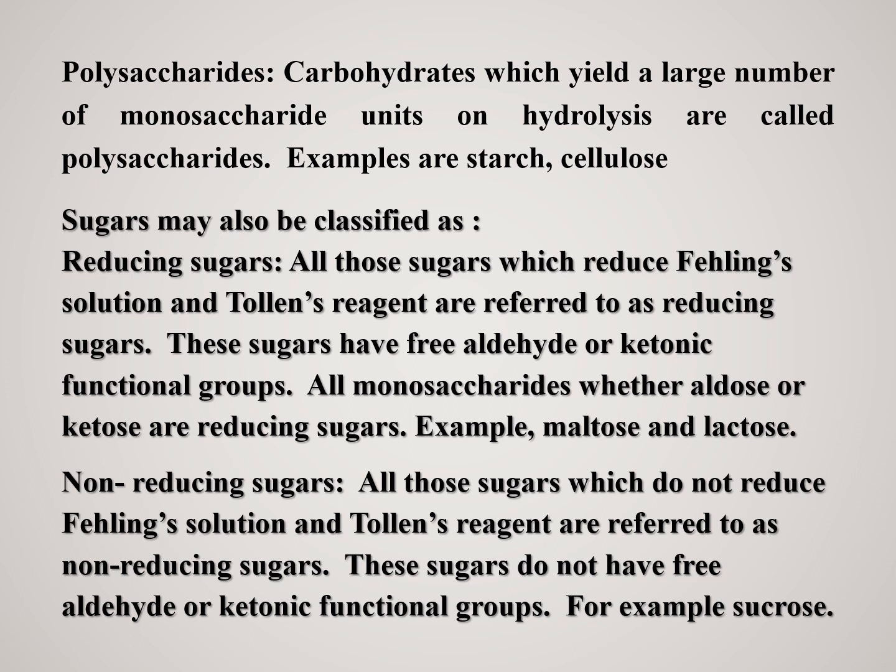Such sugars are called reducing sugars. Students, please note this. All monosaccharides, whether they are aldoses or ketoses, are all reducing sugars. So you can write examples for reducing sugars as glucose, galactose, fructose, maltose, lactose, etc.